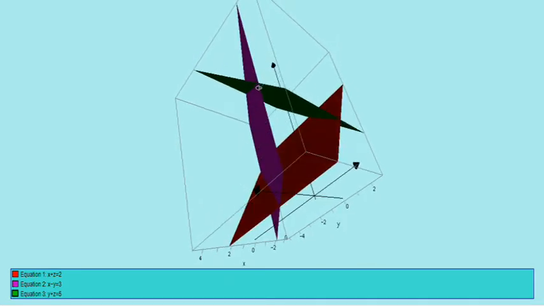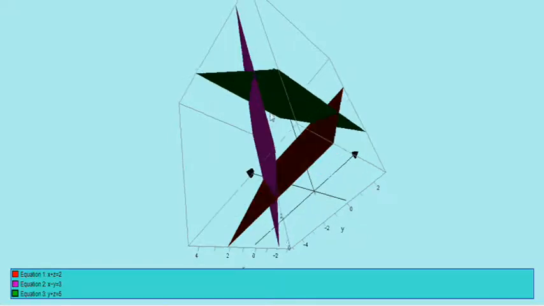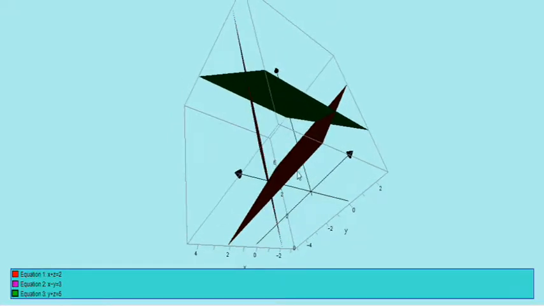So we have a line of intersection here, a line of intersection here between two planes, and another line of intersection between two planes. But once again, nothing common for all three planes, therefore no solution.